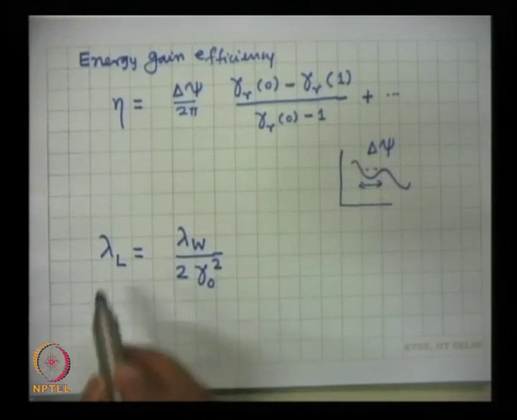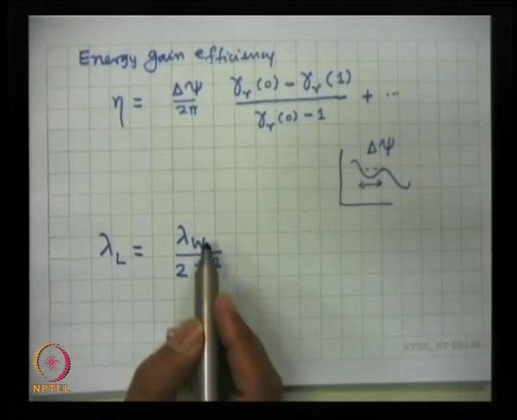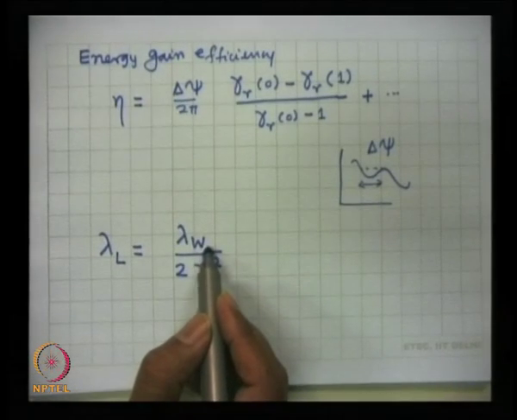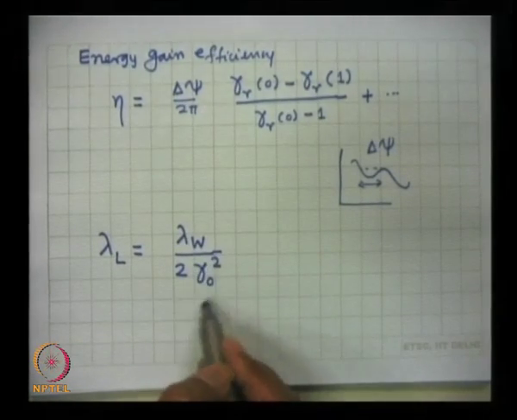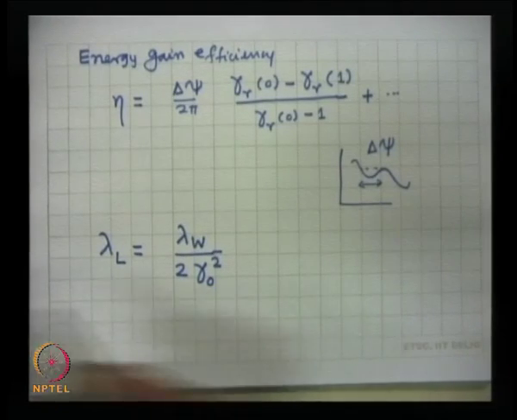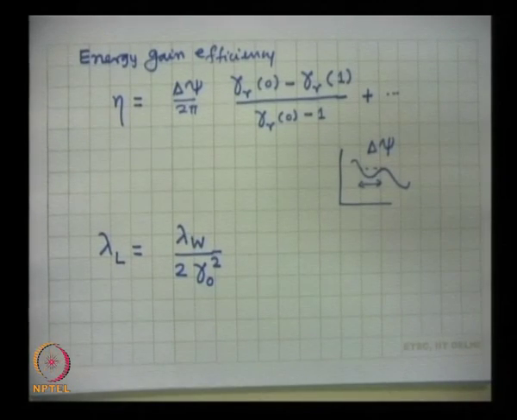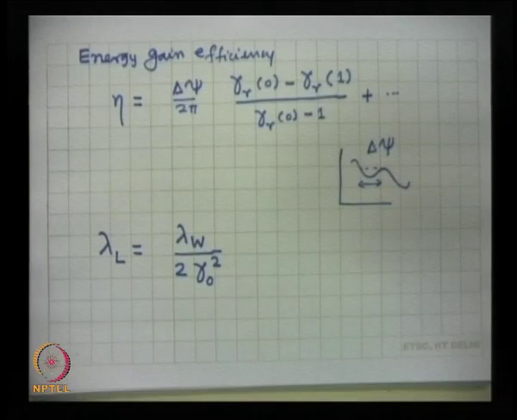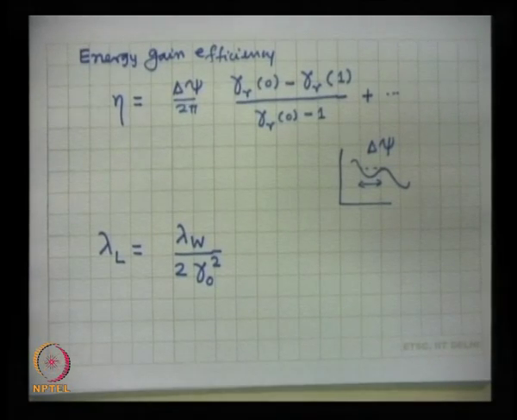So if you want to produce a short wavelength, you require either a very short wiggler period or very large beam energy. Gamma 0 is the Lorentz factor of the electron beam. So if you multiply by mc square, it gives the energy. Now that is a very serious matter.